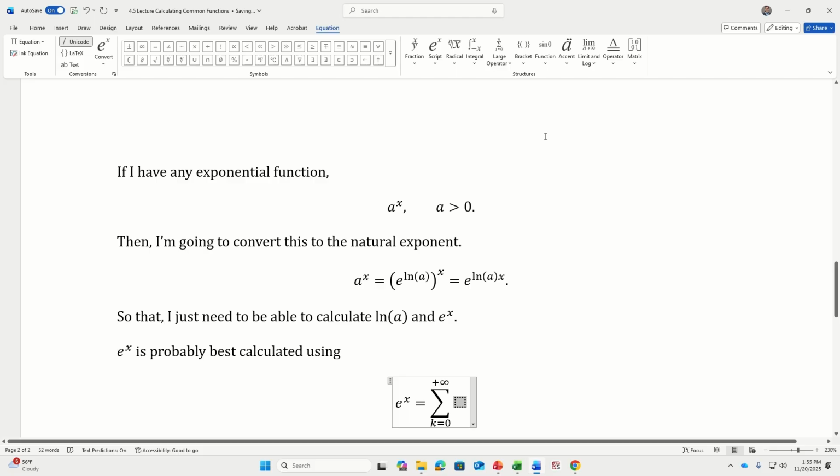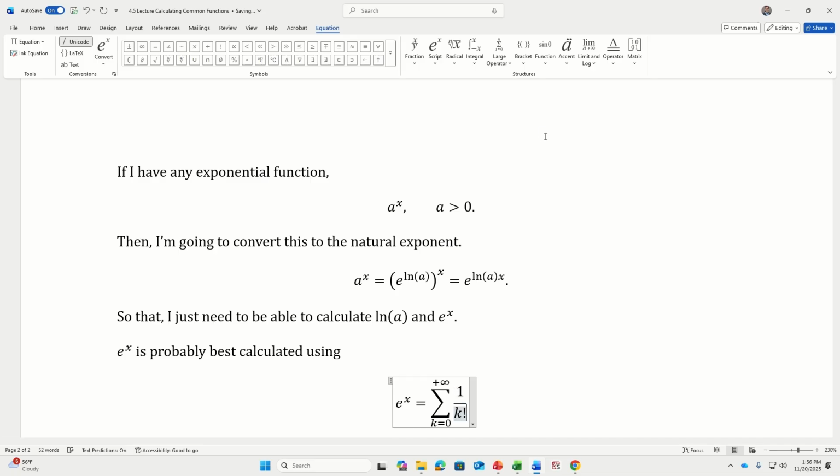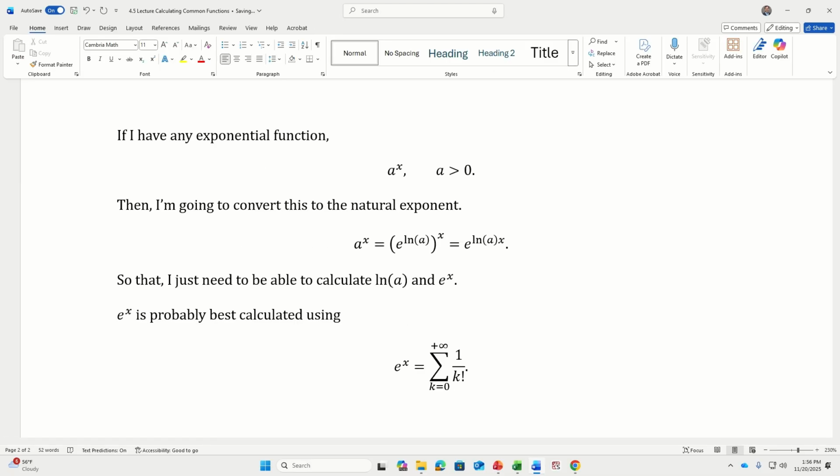And then you type 1 divided by k factorial f caret open parentheses k close parentheses to get the kth derivative at 0. Wait, what is the kth derivative at 0? It's e to the x. It's e to the 0. It's 1. Wait. That's the derivative. I also need x to the k. Yeah, there we go. That's my Maclaurin series.